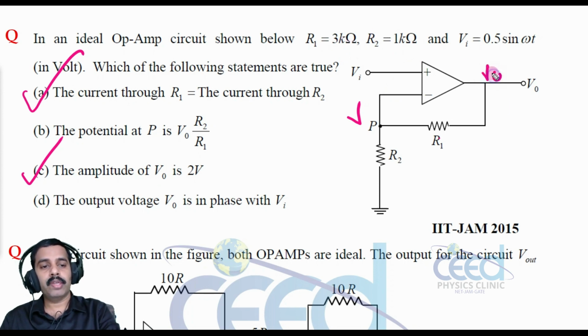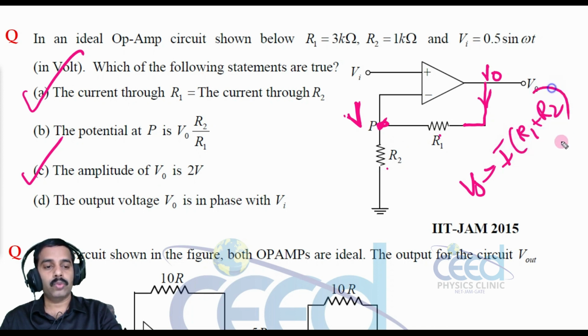Here the voltage given is V0, and this is the voltage V at this point. We are looking to find this V. Suppose this is the current I that enters from this region. By Kirchhoff's rule, V0 is equal to IR1 plus IR2, that is I into R1 plus R2, right? All right. So what is I?